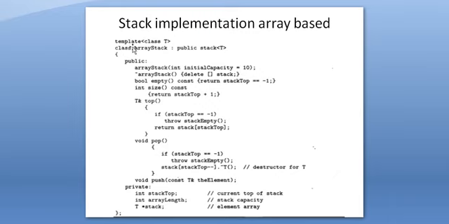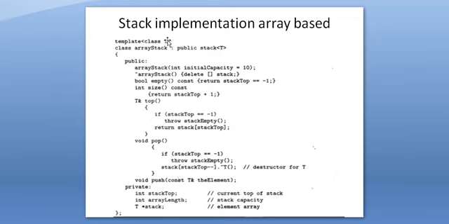So the starting line has a template class T. This is made generic to ensure that the stack elements can be of any data type. In general, it is not meant for integer, it is not meant for floating point, it is general.